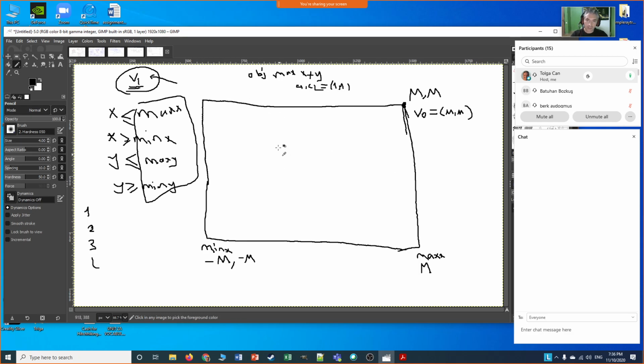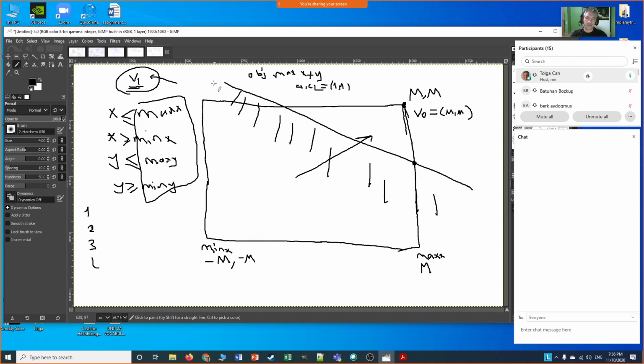Let me try to draw something like this, in which the extreme point here is here. This is the half plane, the first constraint, saying that minus 3x minus y plus 3 is greater than 3, for example.